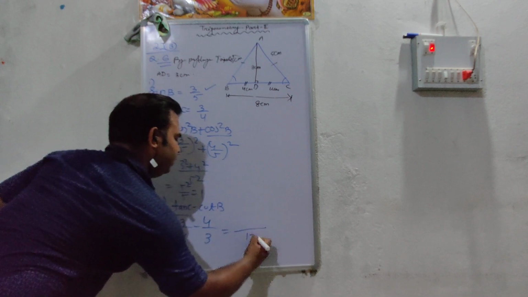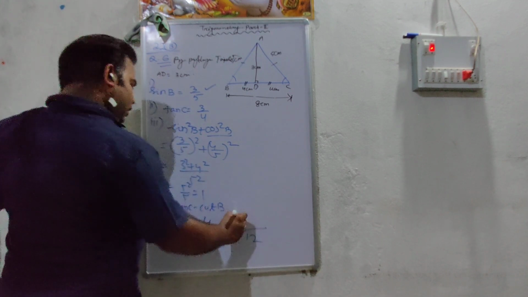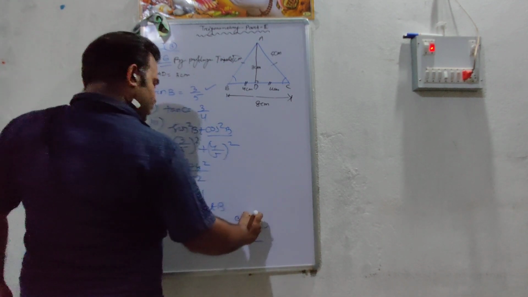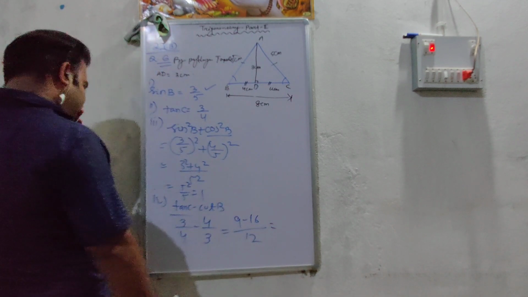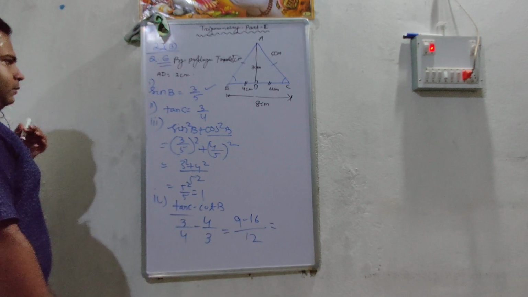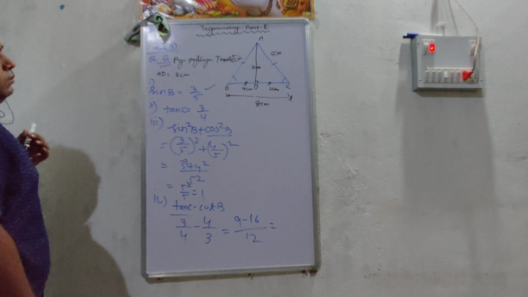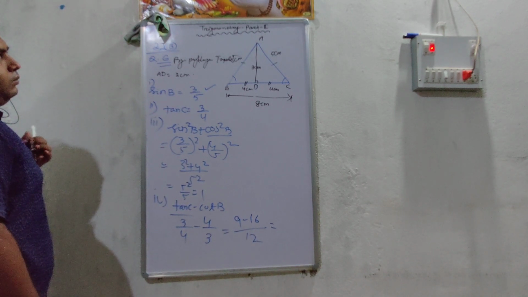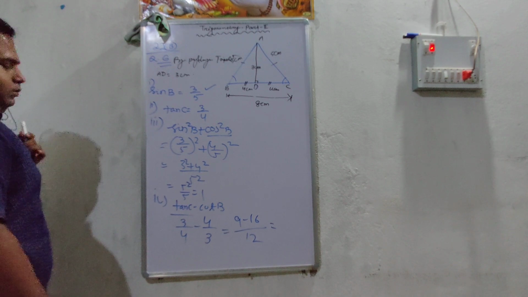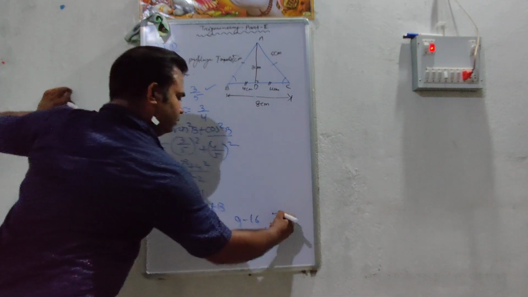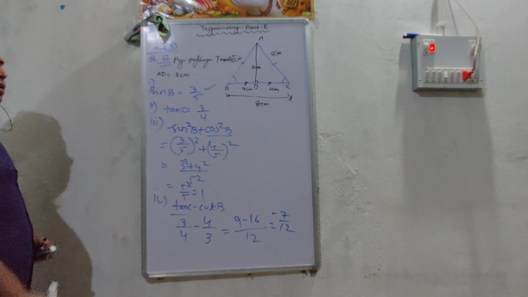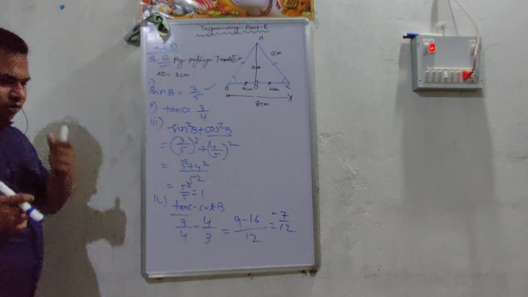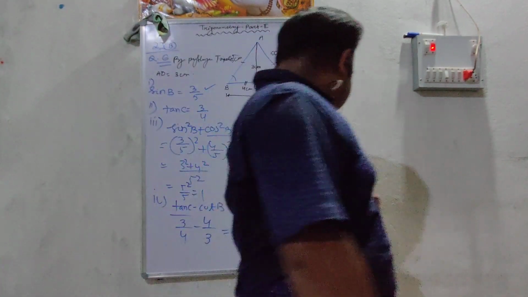LCM will be 12. 3 fours are 12, 4 fours are 16, so it will be 9 minus 16, which is minus 7 by 12. Like this you can finish your chapter, and ask me regarding doubts.